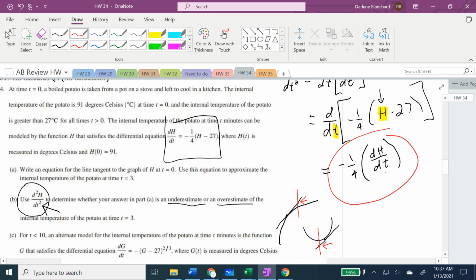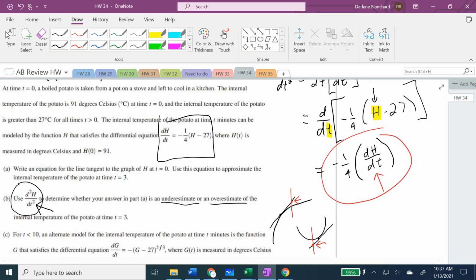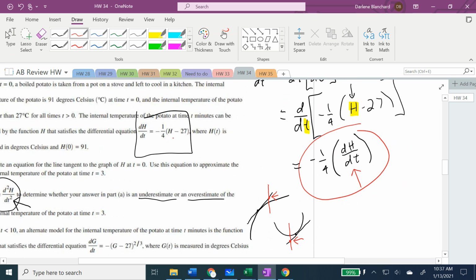So your question is, what is dh/dt at time 3? So dh/dt at time 3 is, oh dear, hold on. I don't know.